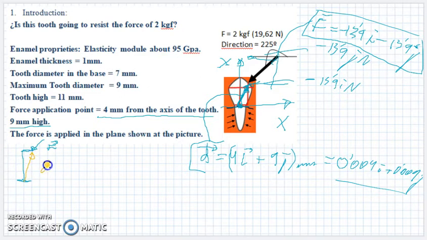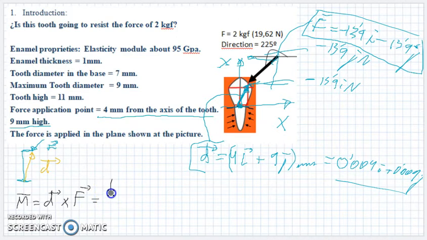This is the distance vector, and this is the force. Now, if we want to know the moment produced here, the moment is going to be the cross product between distance vector by force vector.